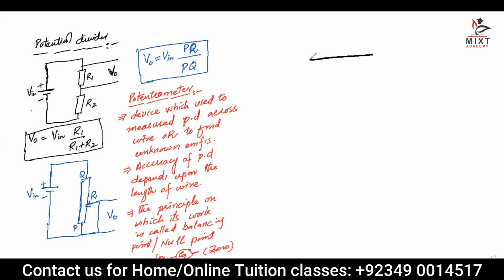The first question which comes regularly in the paper is that they give you the wire, for example wire A and B, and a battery connected with this wire.